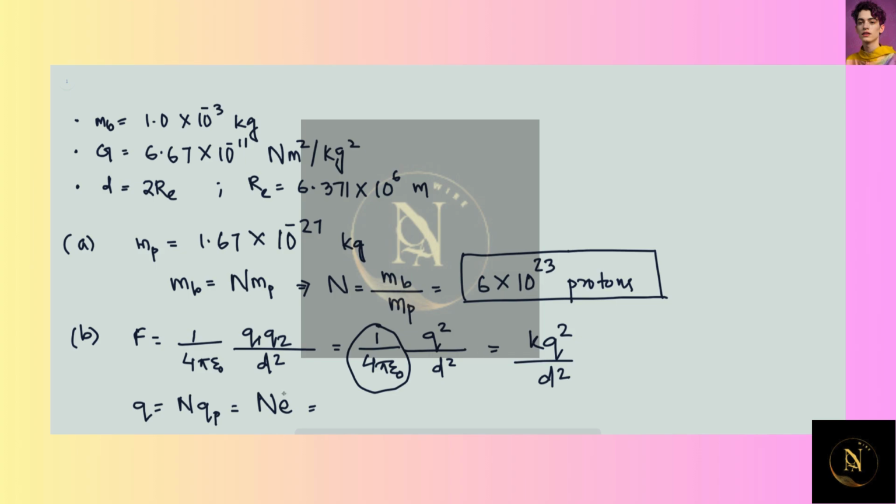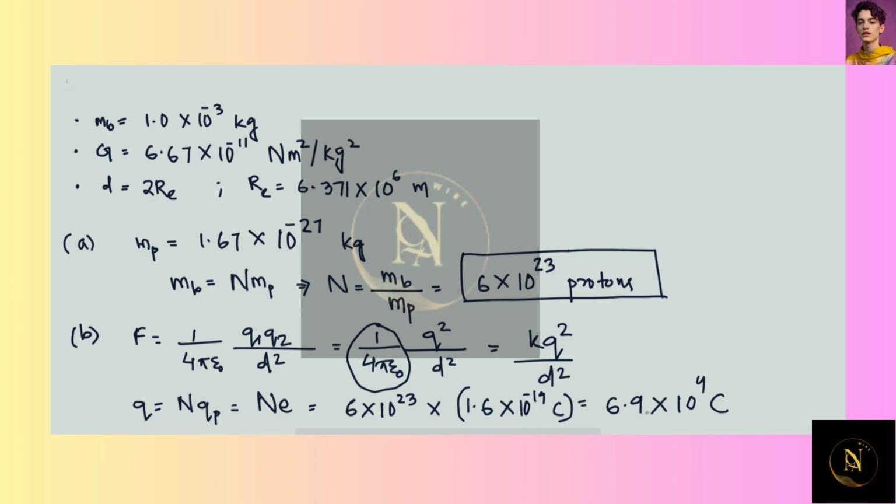So we already found N in the first part, and we know the magnitude of the charge on a single electron, so we are going to substitute that as well. That is 1.6 times 10 to the power minus 19 coulomb. And this gives the total charge in each bag.